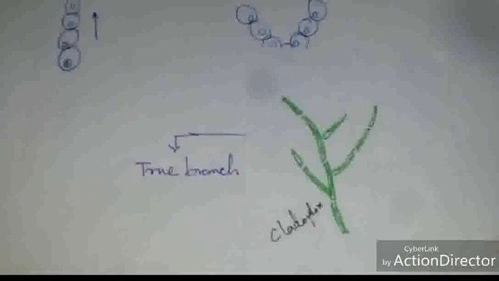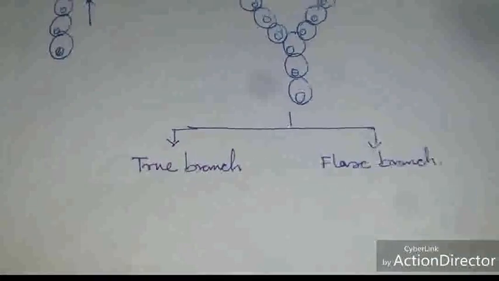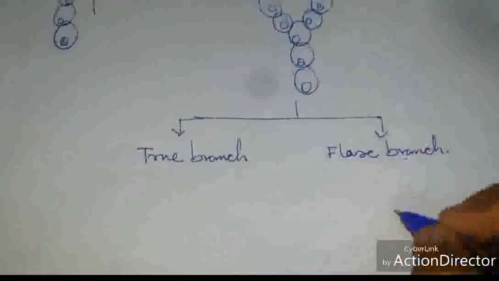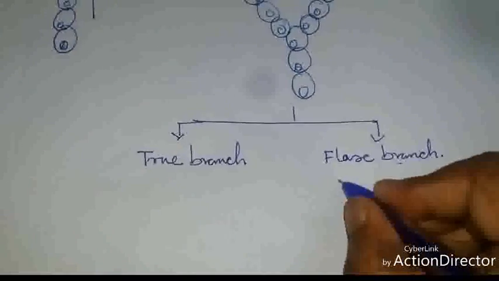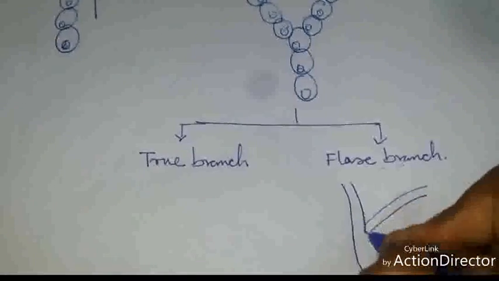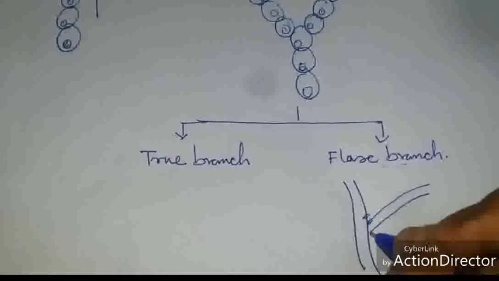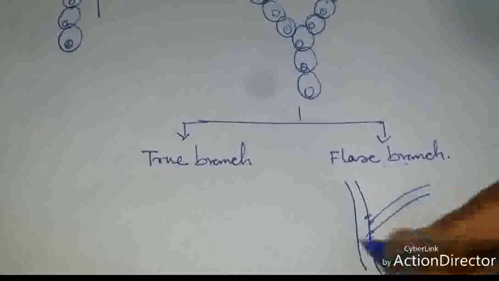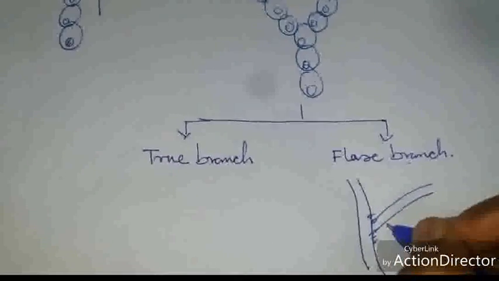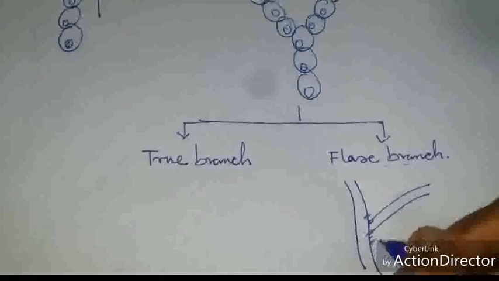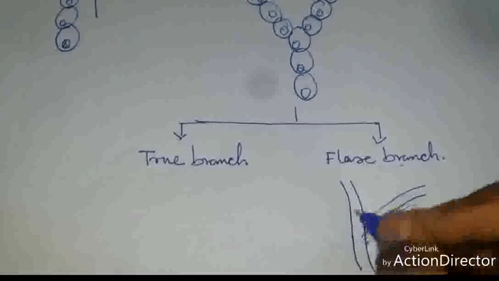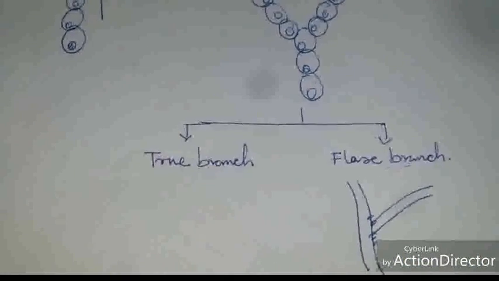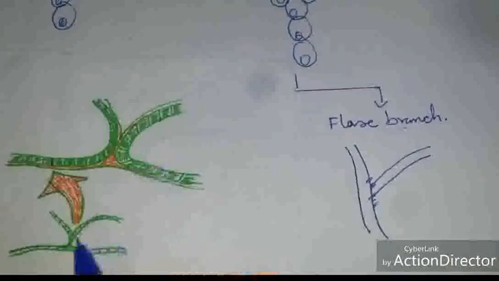Now false branch algae means two separate filaments are attached by mucilaginous sheath and look like a branching, but it is not true branching. It is a false branch. It looks like a branch. So an example of this type of algae is Cytonema.